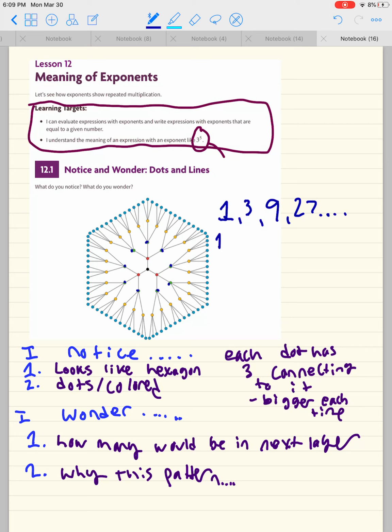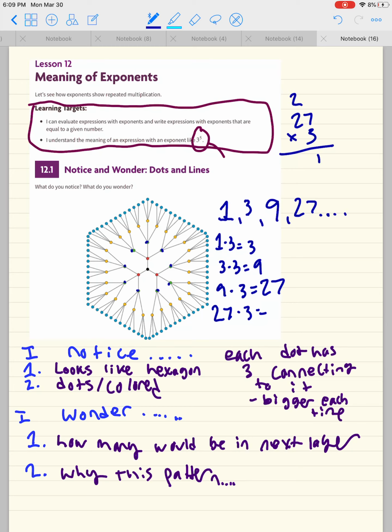So 1 times 3 is 3. 3 times 3 is 9, and 9 times 3 is 27. So the blue row should be equal to 27 times 3, which is 81. So if you really wanted to know what the next row would be, you could go ahead and follow that pattern and do 81 times 3. Let's go ahead and look at 12.2.